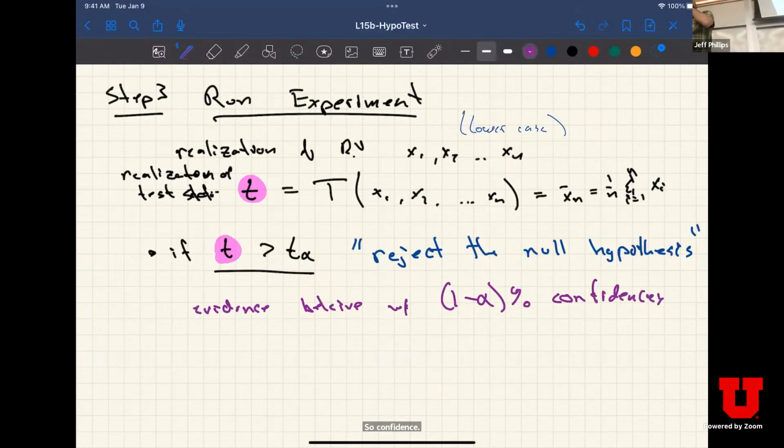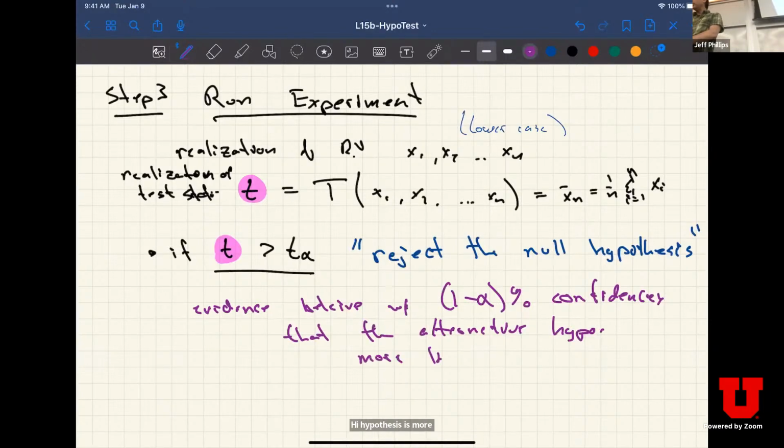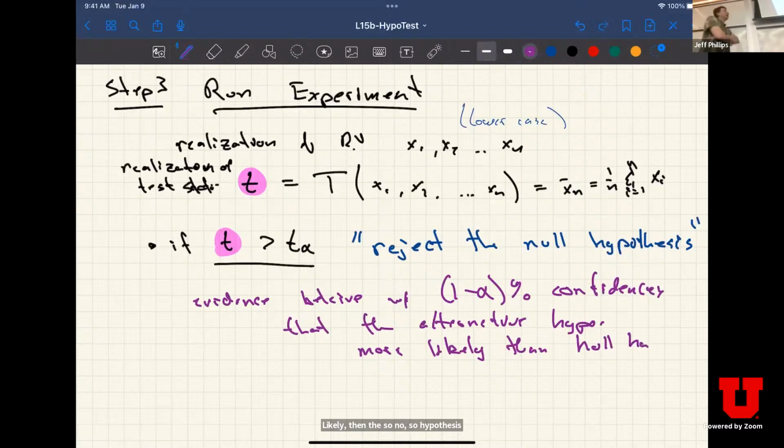That the alternative hypothesis is more likely than the null hypothesis. Basically I want to reject the null hypothesis.